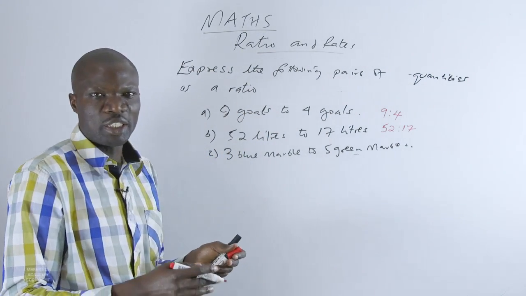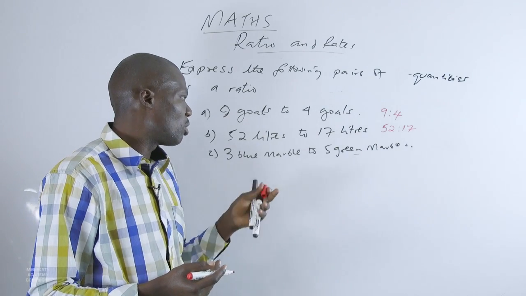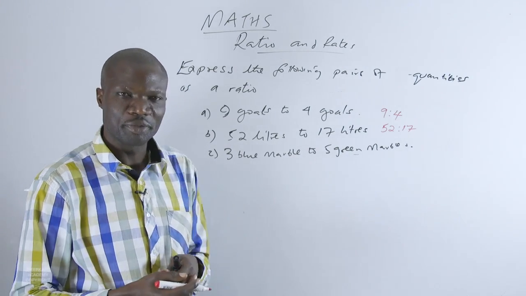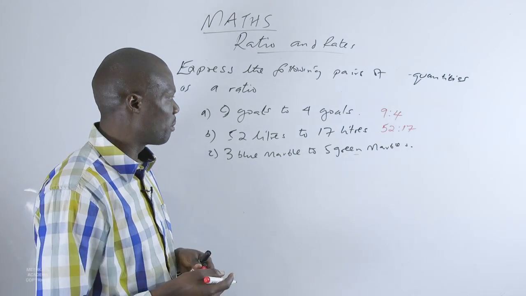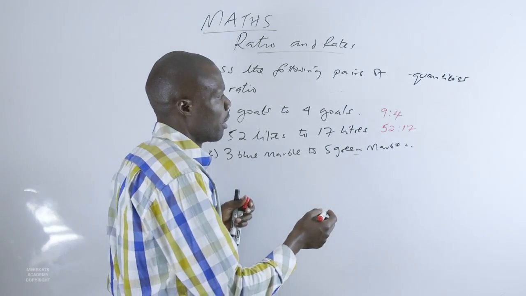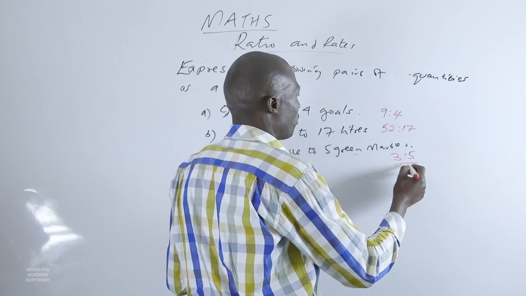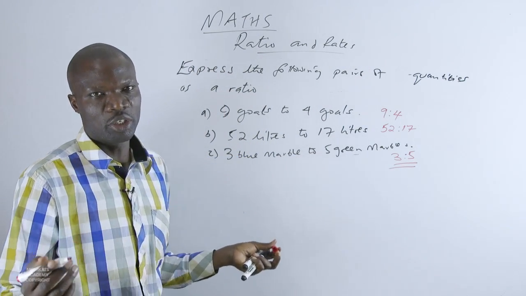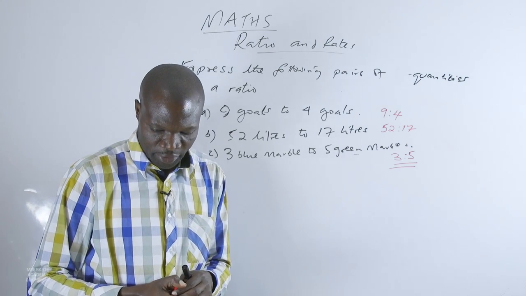That is the ratio. It's just the manner in which you write your numbers. 3 blue marbles to 5 green marbles. This one will give us a ratio of 3 to 5. Both of them are marbles, so the issue of units being the same does not arise.